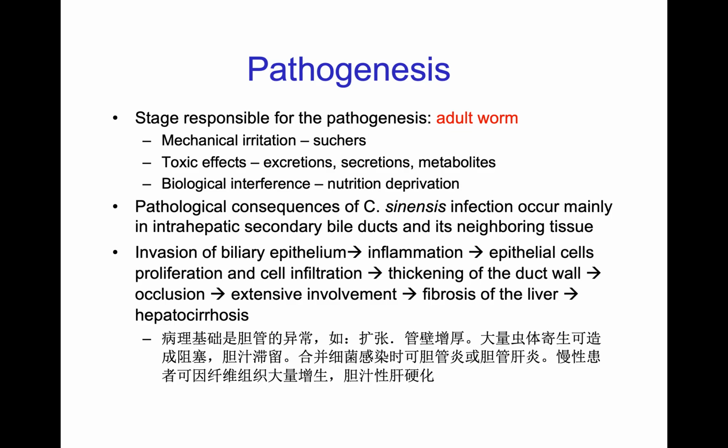So there's extensive involvement of the tissues, and finally there's fibrosis of the liver, and later, after a very long time, the fibrosis of the liver will turn into cirrhosis.